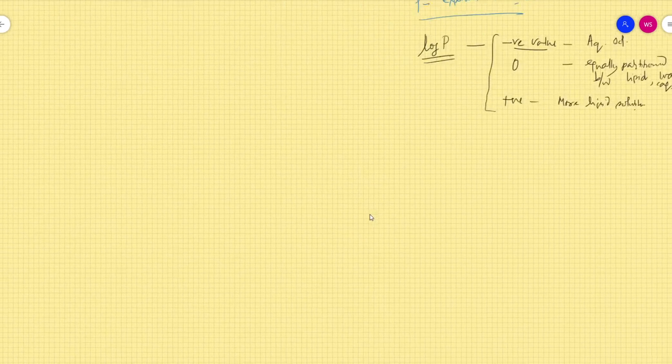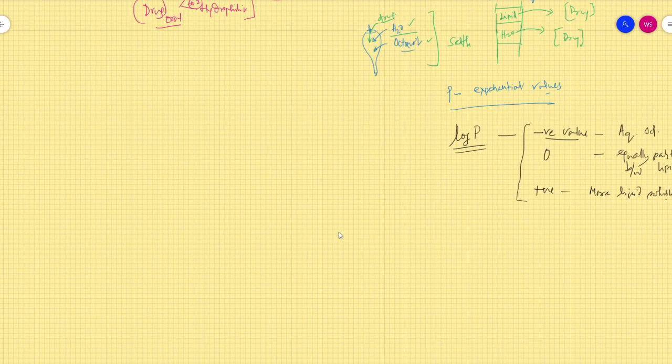So for orally absorbed drugs, so if we administer drugs orally, then ideally log P should be less than 5. Okay, how do we know this? Because there is an empirical rule called the Lipinski rule of 5.